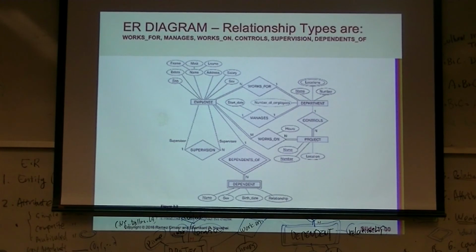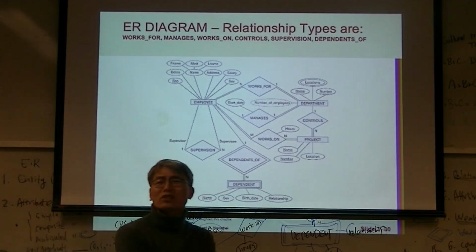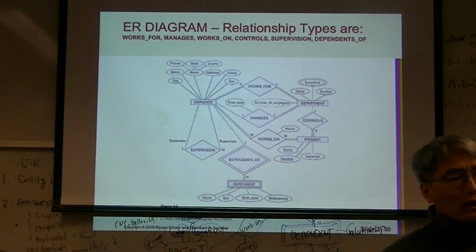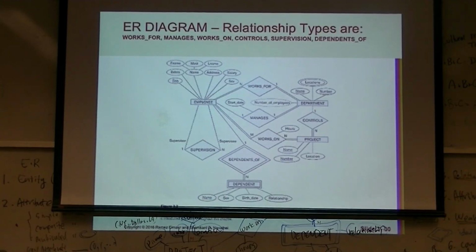I think that the diagram and our diagram are the same, except there's one dotted attribute, number of employees, which is not important. But sometimes in your requirements, you'd like to manage the number of employees for each department. Actually, number of employees, how can you get the number of employees?